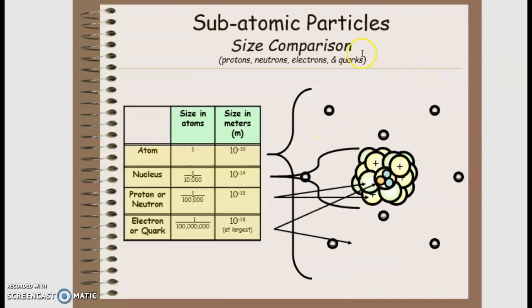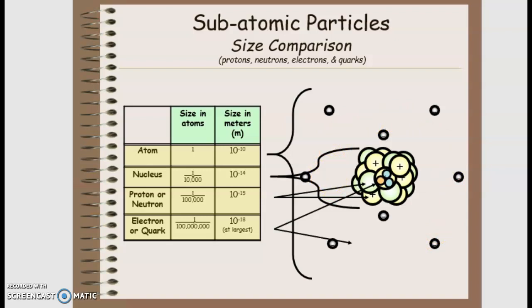If you look at this chart, again, you can see that size comparison. You've got a single atom over here. You can tell that the nucleus makes up about 1/10,000th of the atom. The protons and neutrons are inside of the nucleus, and they're about the same size, while the electrons are outside, and they are very tiny.